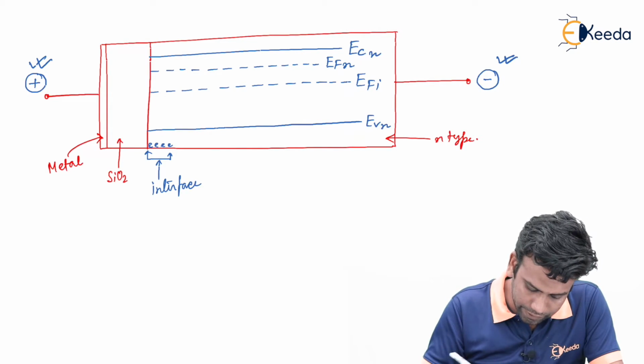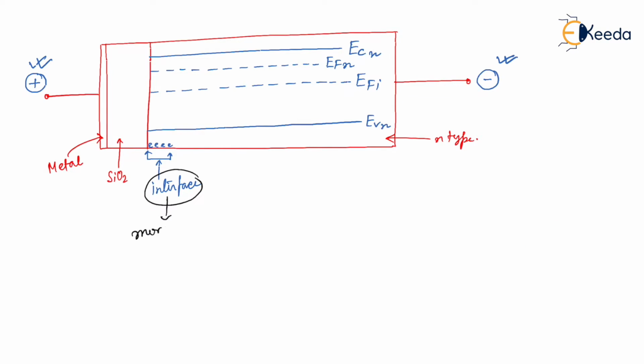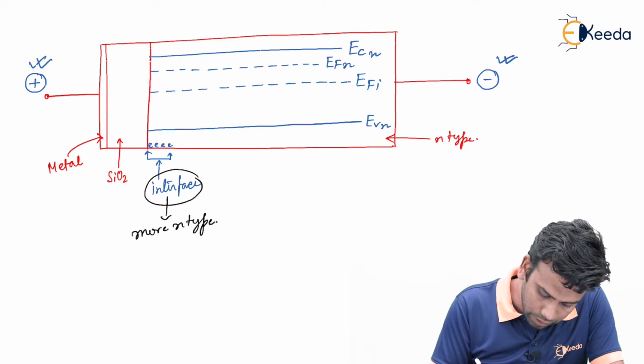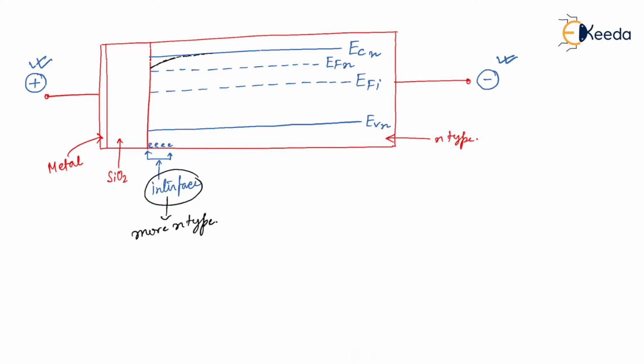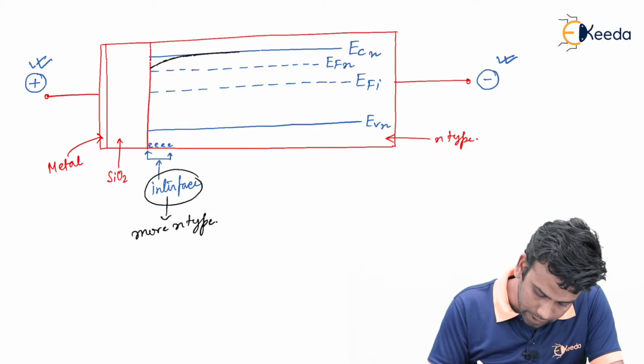So this interface is now more N type than the other regions. That's why the conduction band will now move closer to the EFN.